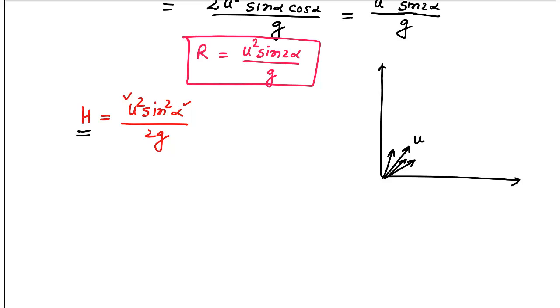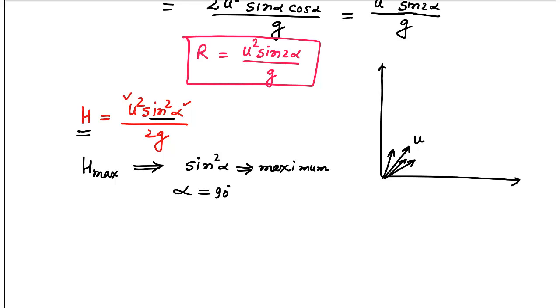So h will be maximum only when sine square alpha is maximum. And when sine square alpha is maximum, you know the maximum value of sine alpha is 1, and this can happen only if alpha is equal to 90 degrees.